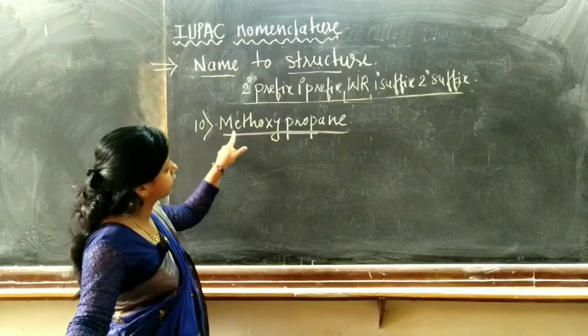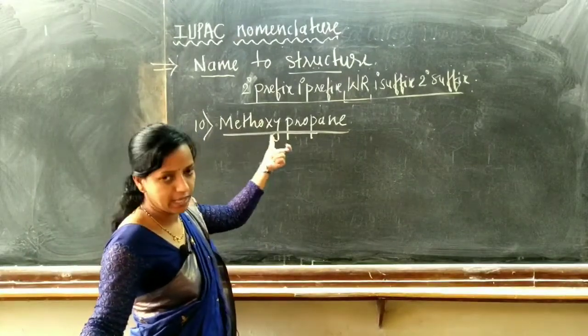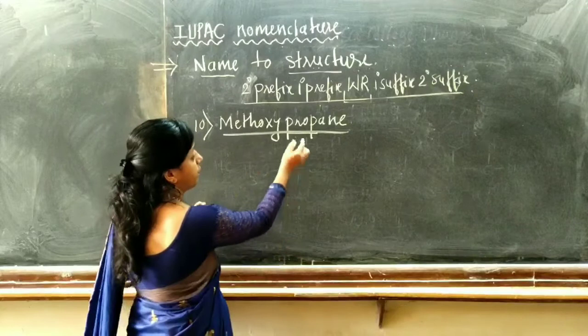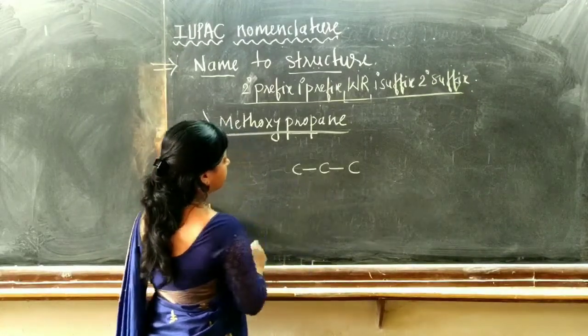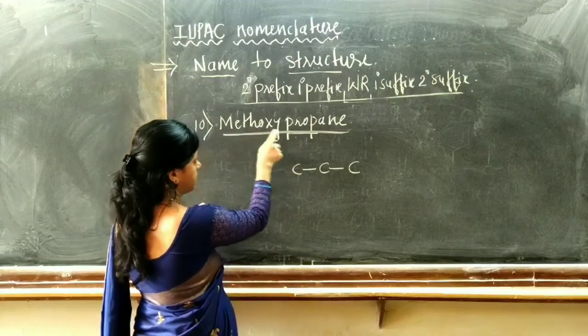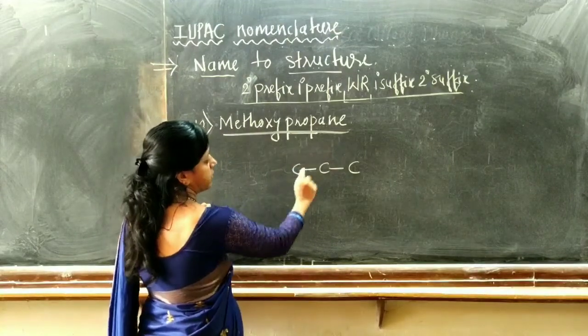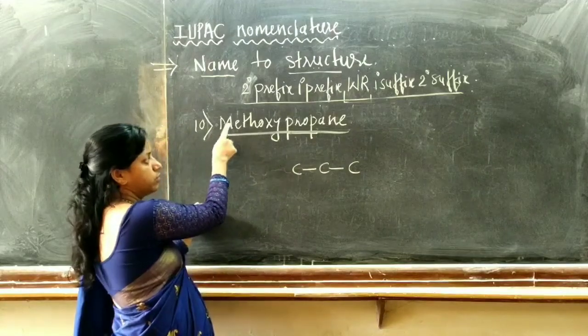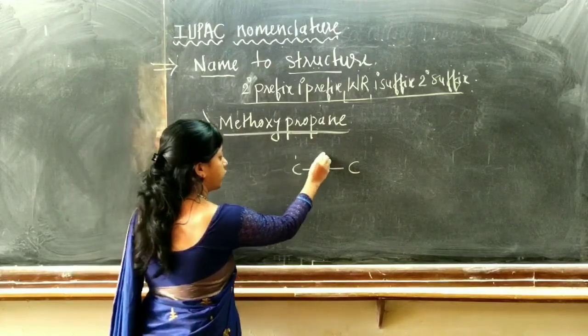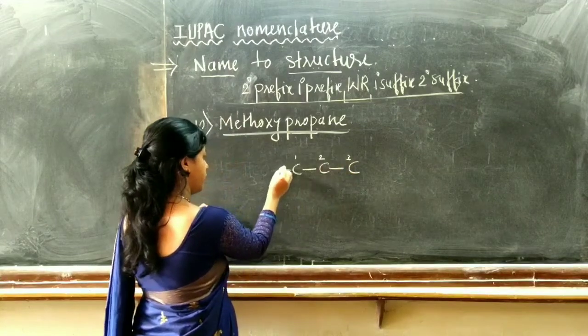10th example is methoxypropane. It is an example of an ether. So prop means we have to write 3 carbons, and this ANE means it is saturated. Methoxy group, here the number is not given to this substituent. It means we have to attach this to the first carbon.